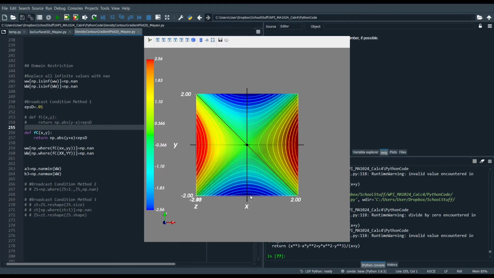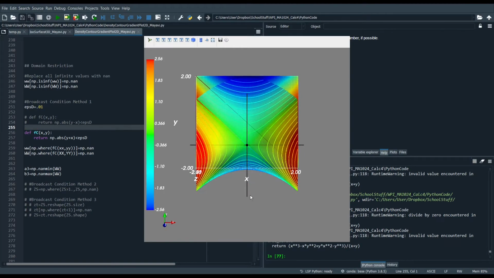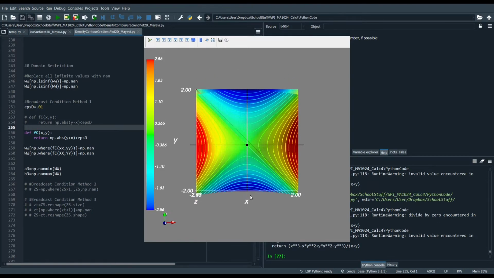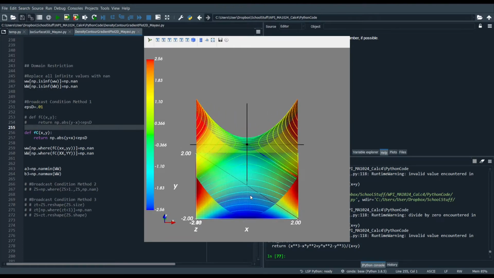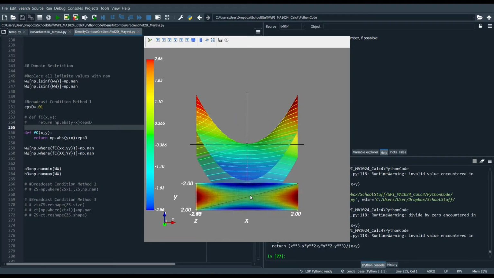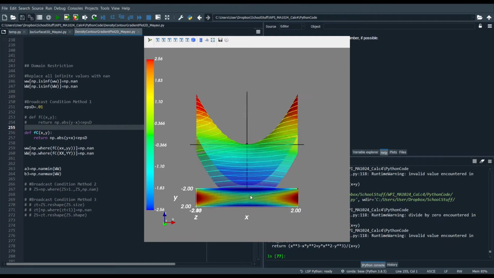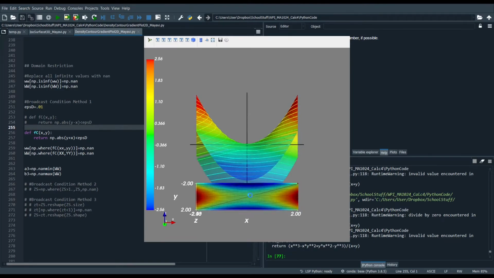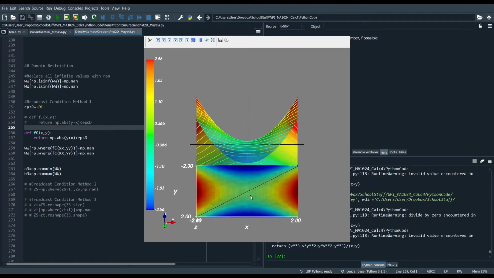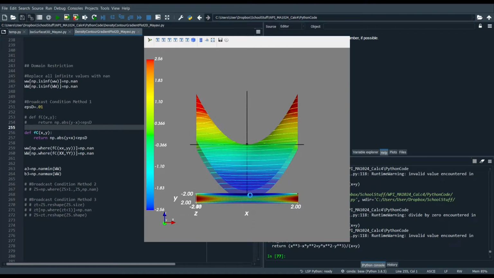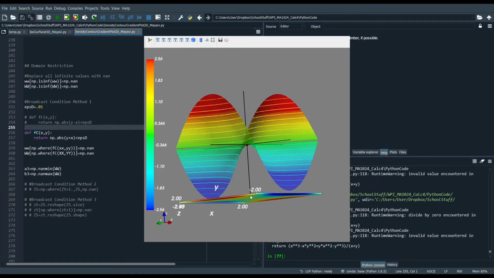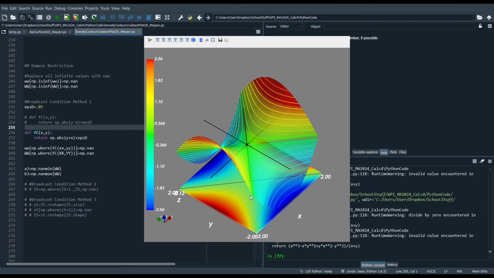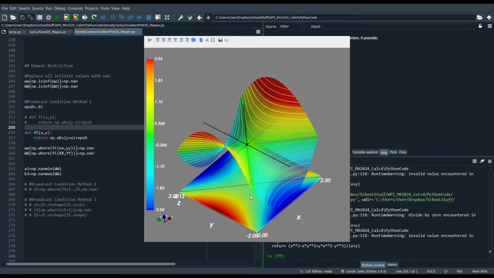And if we rotate this a little bit to see what this surface looks like, this is the surface right here. We see very clearly that the surface is a type of hyperbolic paraboloid, just like the equation x squared minus y squared.